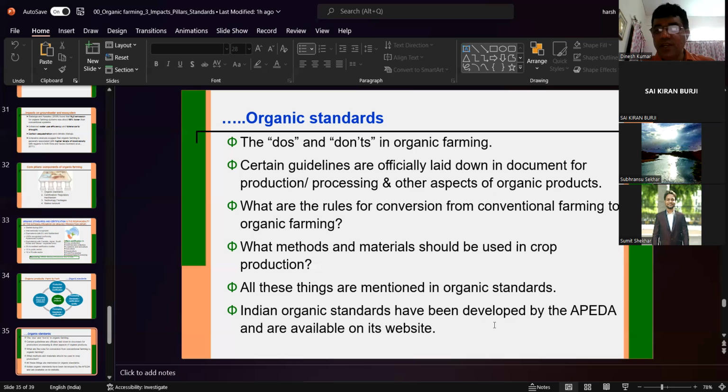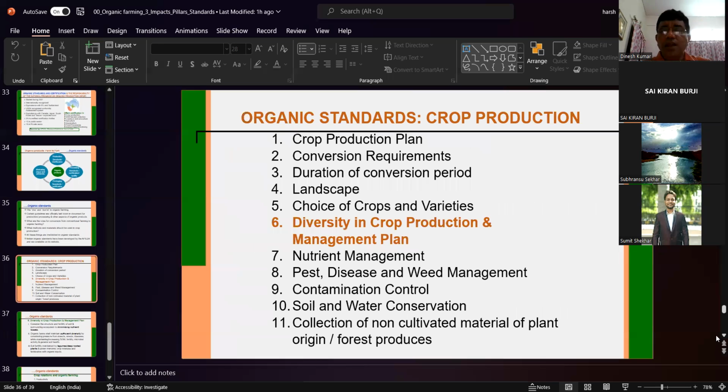All the aspects of organic standards are covered in that document. Here I am giving you one example from that book of organic standards in India. From that book, I have extracted this slide just to show you what is there in the organic standards.